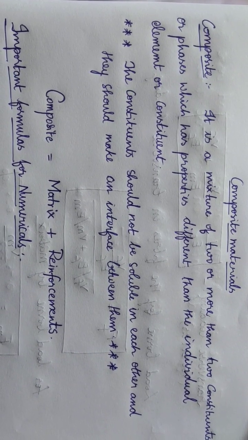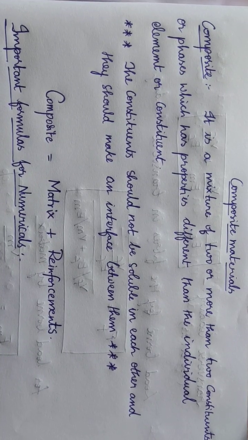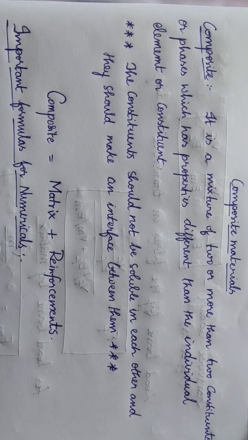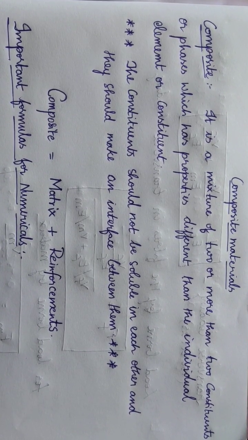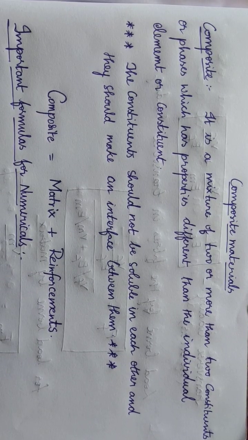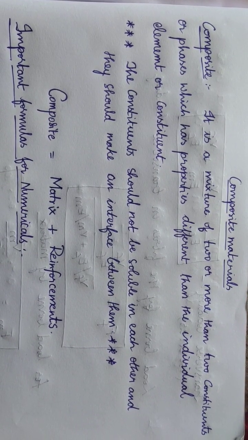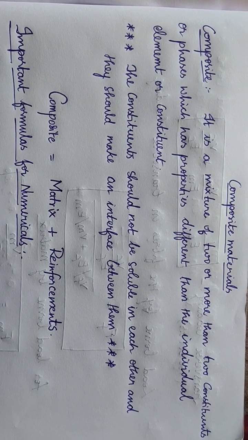There are different types of composites, for example polymer matrix composites, ceramic matrix composites, metal matrix composites, and so on. I'm not going to explain composite materials in detail in this video, but I'm going to explain the numericals which come frequently in the GATE examination.